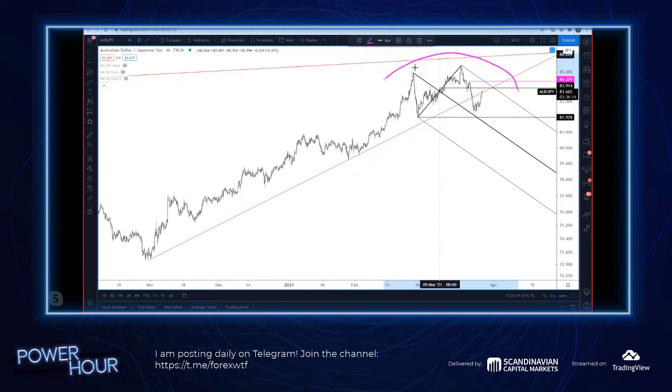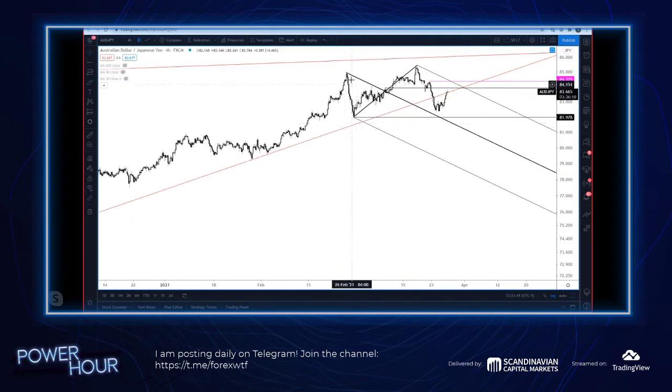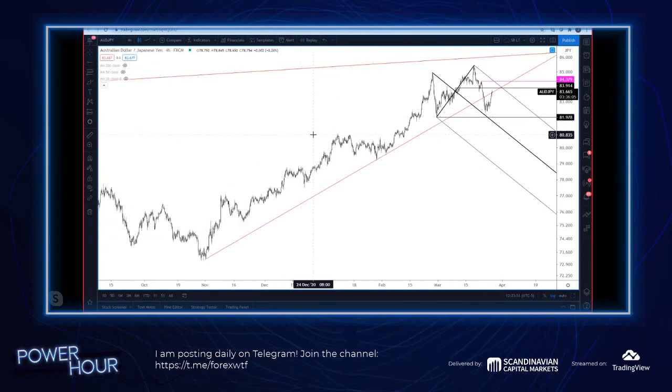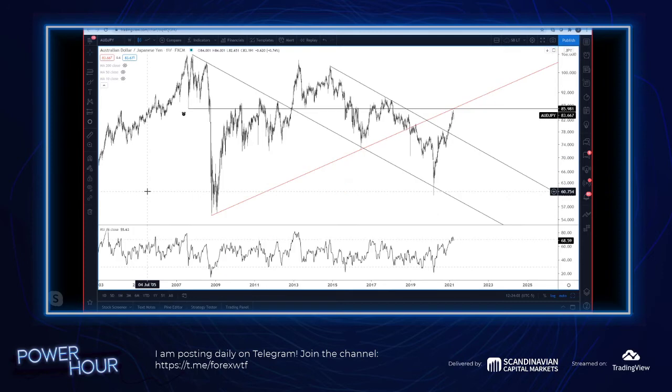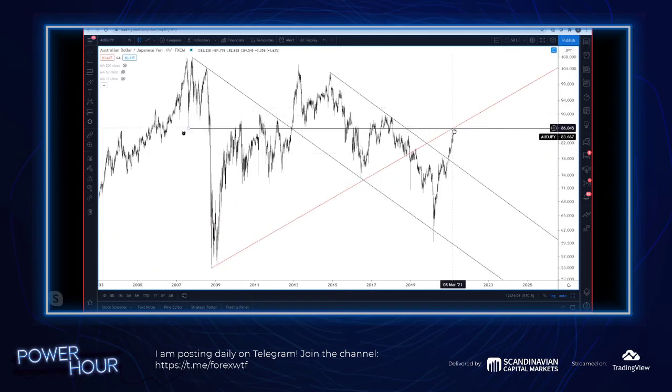Kind of see the topping scenario here going on. It could be a consolidation top. But Aussie yen is one to pay attention to because you could have a big drop considering the level that we've traded up into.